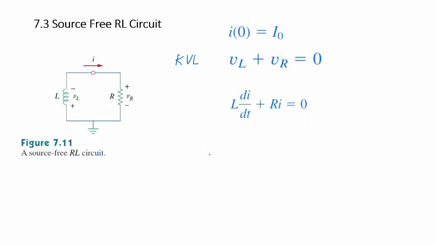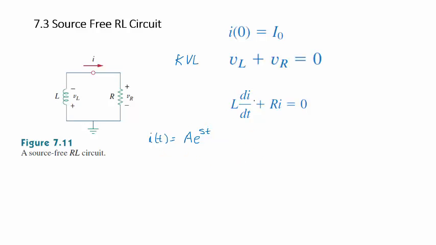We can solve it by integrating both sides like we did for the capacitor. We can also solve it by saying that we know the only solution for this equation is of the form A e to the st. The generic solution for I of t will be that form, because we know that all first order differential equations have a solution like this.